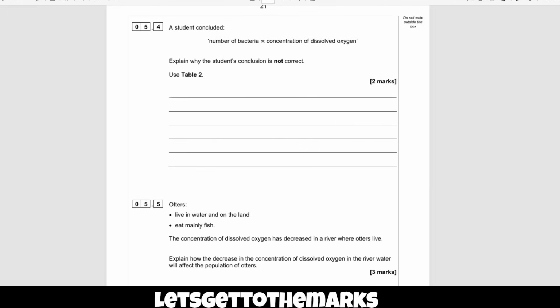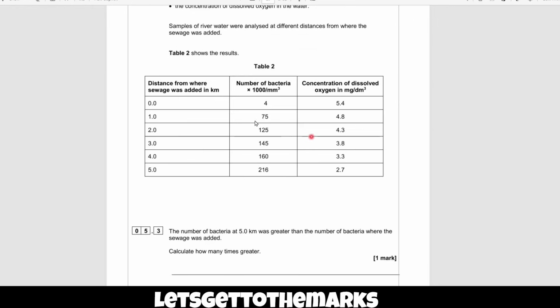Okay. A student concluded the number of bacteria is proportional to the concentration of dissolved oxygen. Explain why the student's conclusion is not correct. Use table two. So we have to use the table. Now, this symbol means proportional. We can prove that this is not true because you can pick any two numbers and prove it's not true.